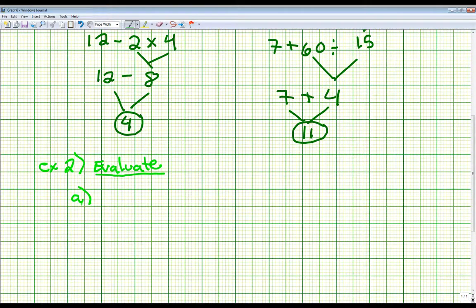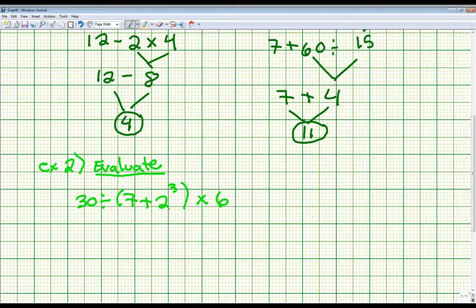There is only one here, so there's just an A. I guess we could get rid of that since there's only one question. So the expression we're evaluating here is 30 divided by parentheses, 7 plus 2 to the third power, and then times 6.